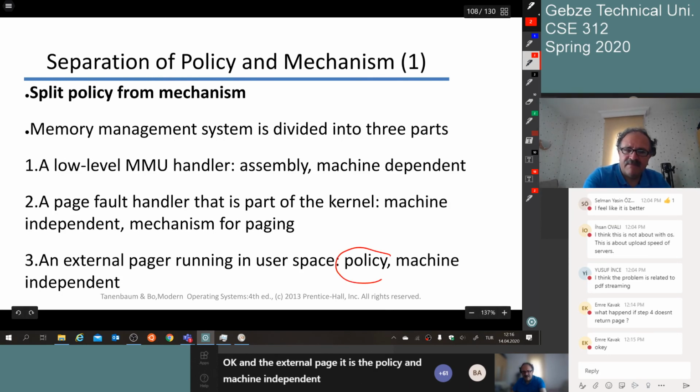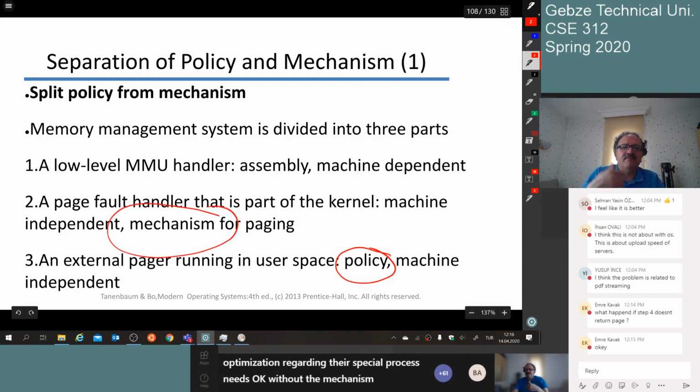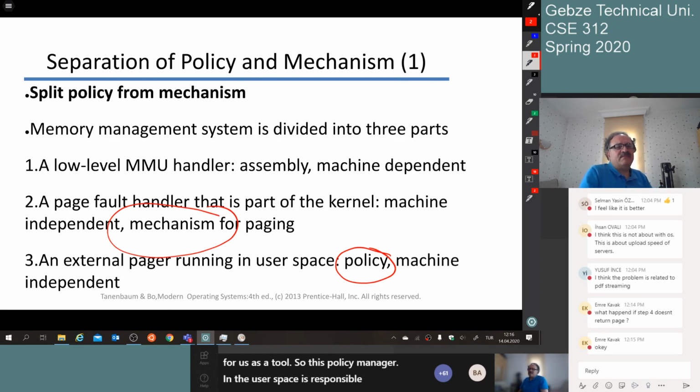That policy is the main logic that tells memory management how to behave when it comes to page replacements and optimization regarding special process needs. Without the mechanism, policy doesn't mean anything. Mechanism is important, but it is just a tool for us. So this policy manager in user space is responsible for using that mechanism to implement an efficient, effective memory management system.